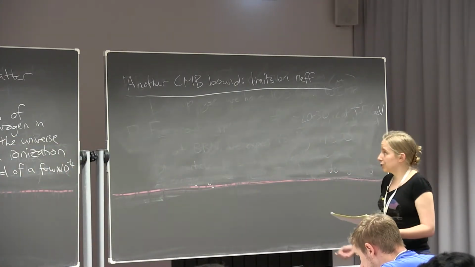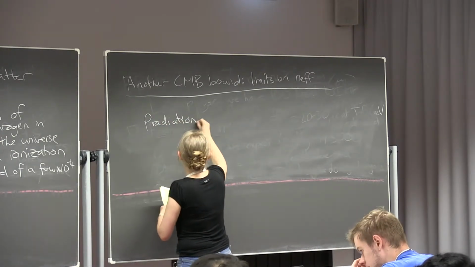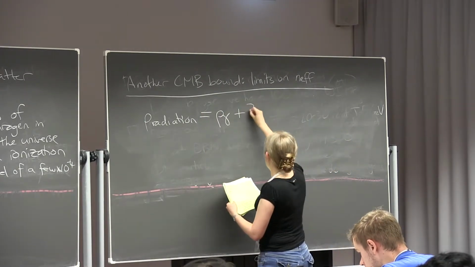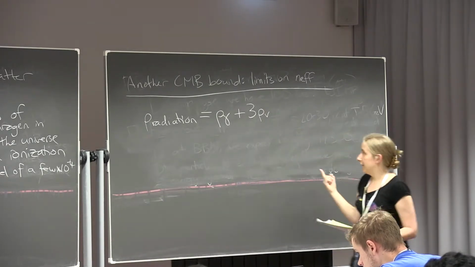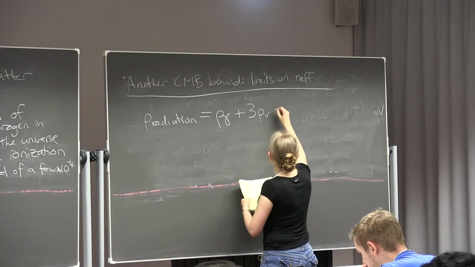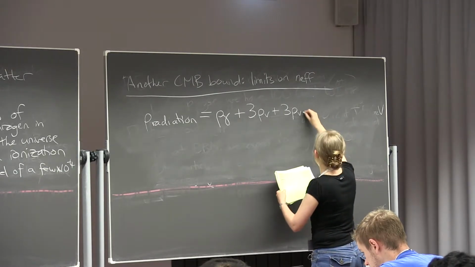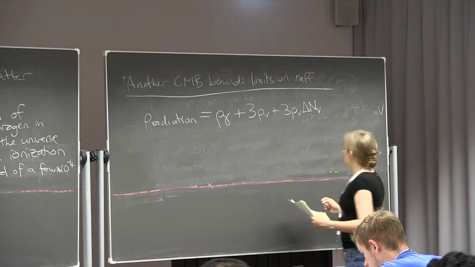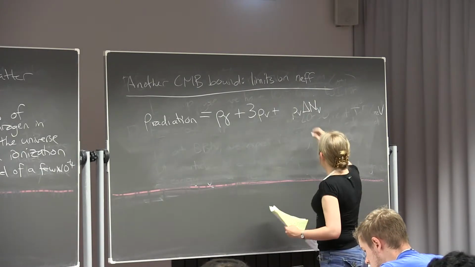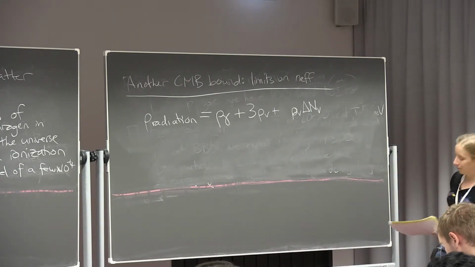So the way that it's traditionally defined is that if we look at the total energy density in radiation, then that's the total energy density in photons, which we know about, plus 3 times the energy density in a neutrino species, plus the energy density in a neutrino species times the number of effective extra neutrinos.